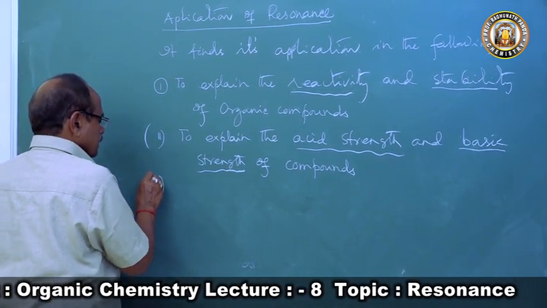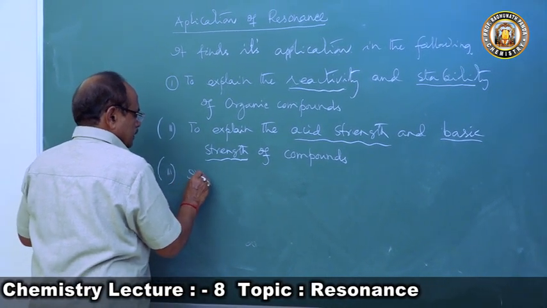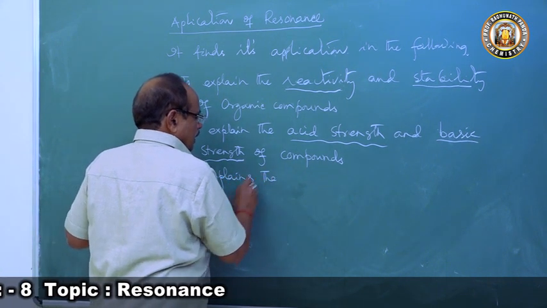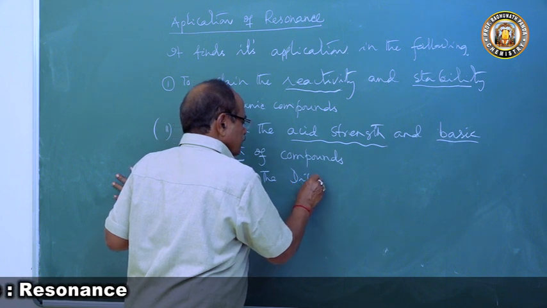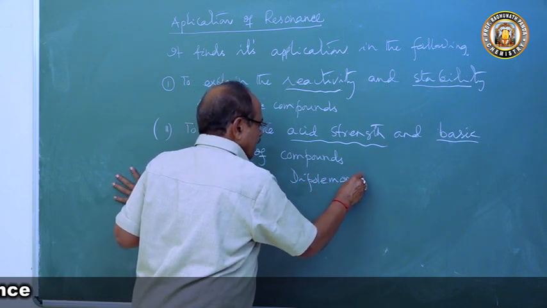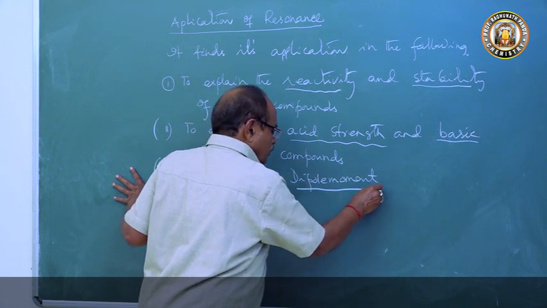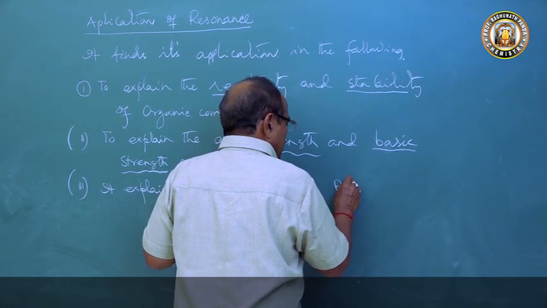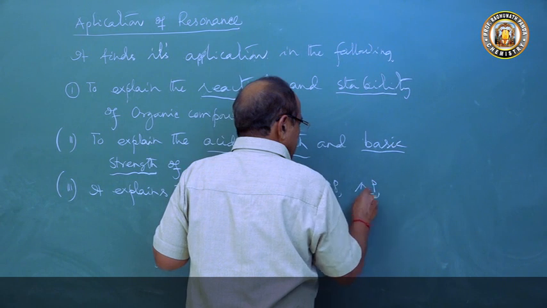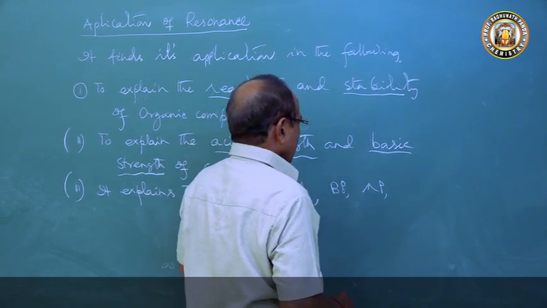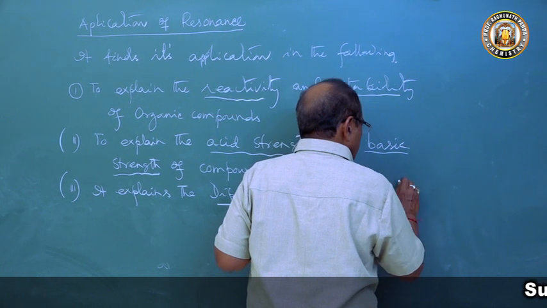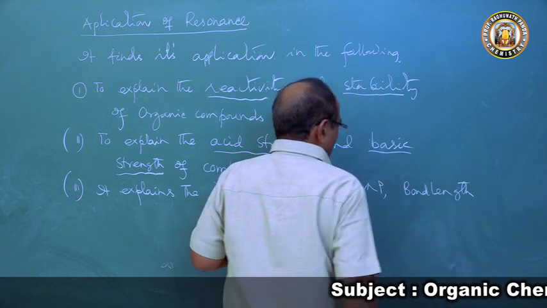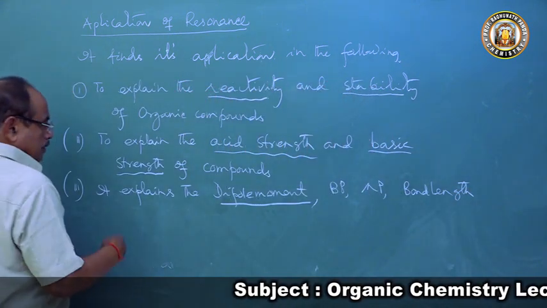Then third, it explains the dipole moment. There are some compounds that exhibit dipole moment, and the dipole moment of some compounds is more or less than the others. Dipole moment, boiling point, melting point, these facts are explained. The bond length of organic compounds.